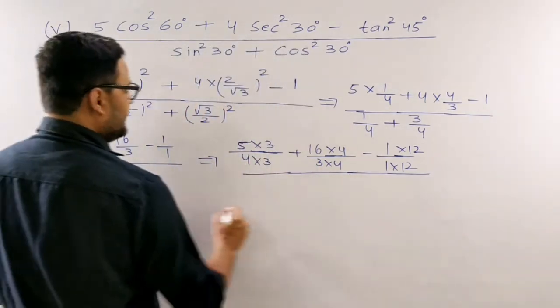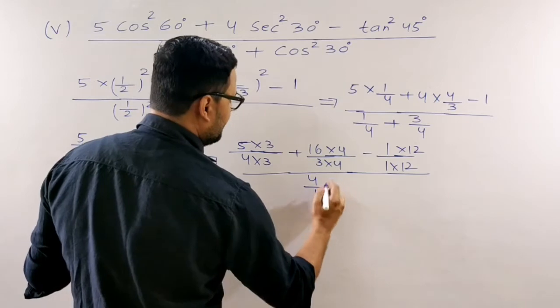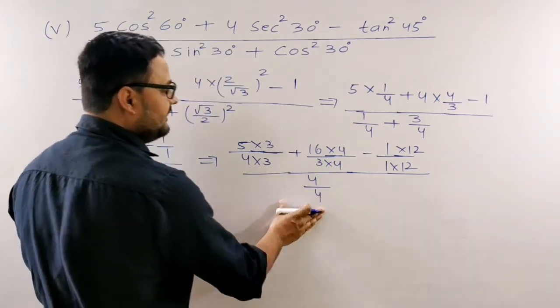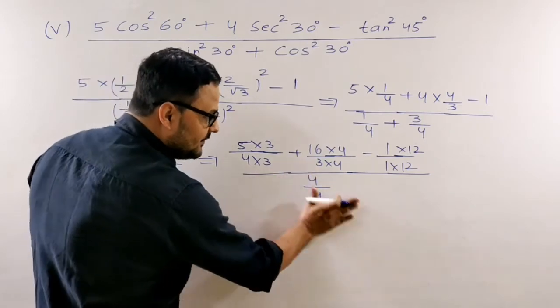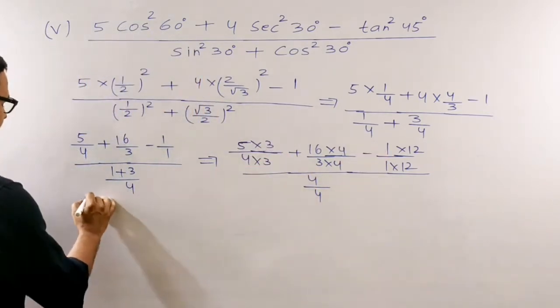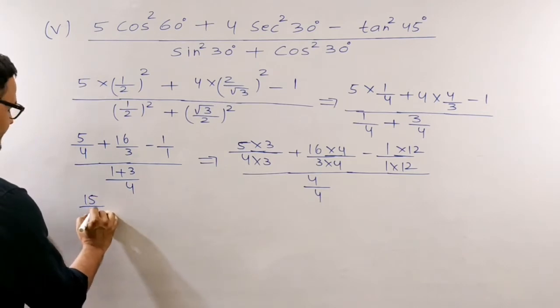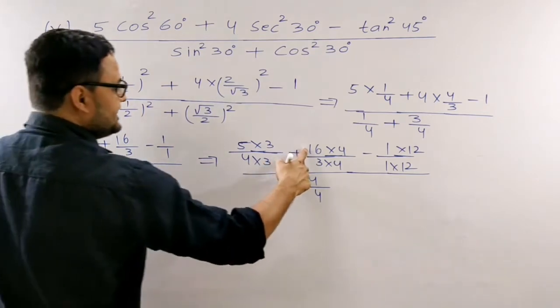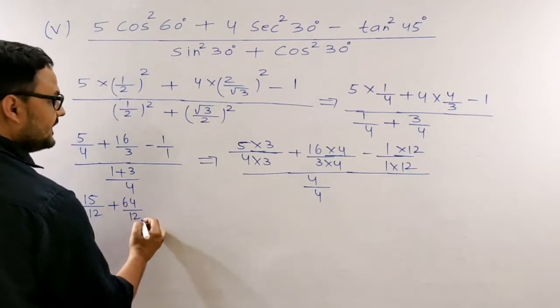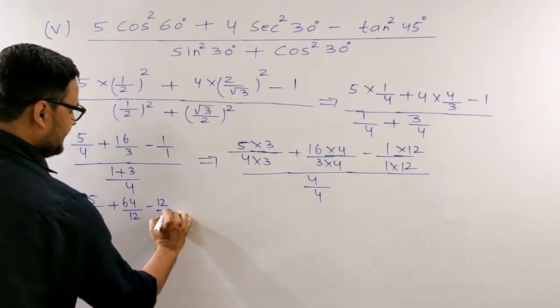Now 1 plus 3 we got 4 by 4, and 4 by 4 means what? 1. If you want to continue with that one, we can continue, or simply we can remove this one. But we are going to continue. 5 into 3 we got 15 by 12 plus 16 into 4, 64 by 12 minus 12 by 12.